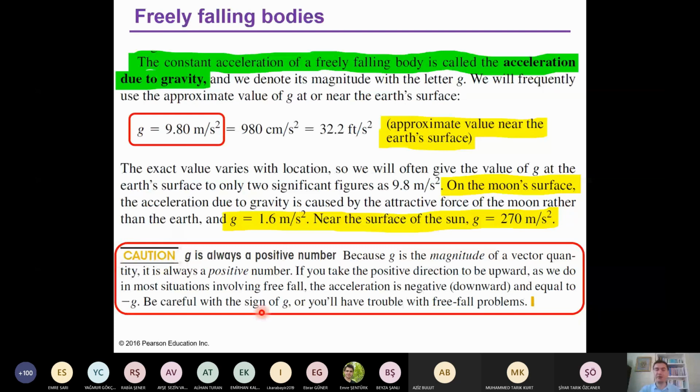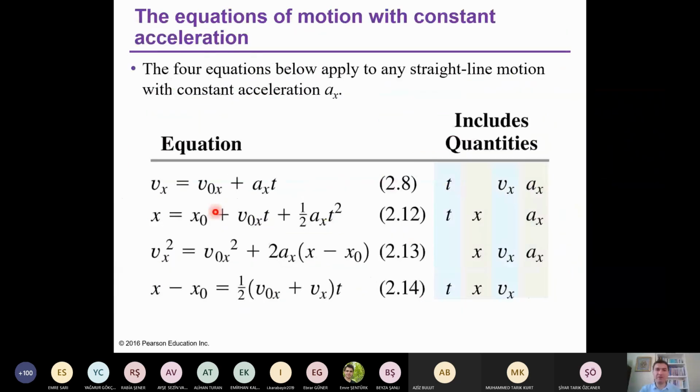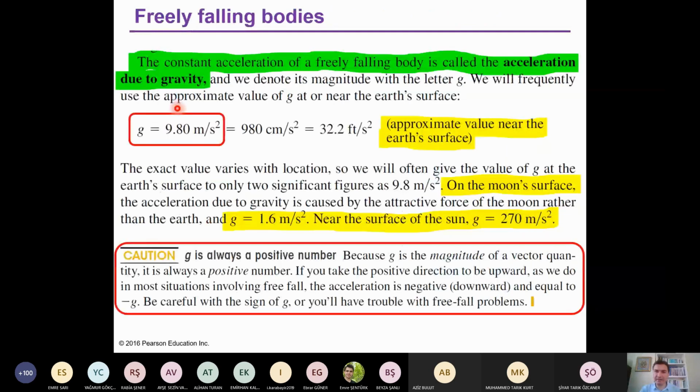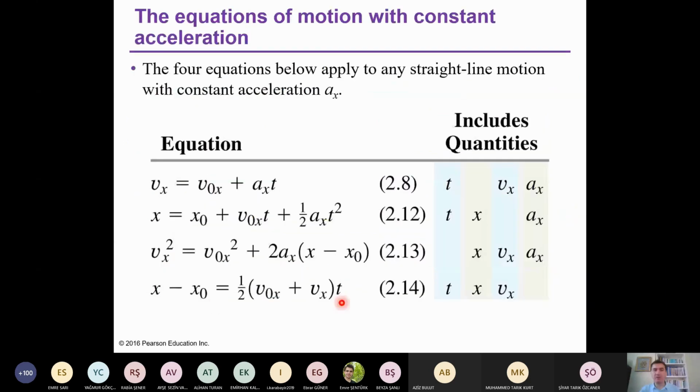Since acceleration due to gravity is constant in free fall problems, you can use the equations for motion with constant acceleration. So all these equations which we have discussed are valid for free fall.